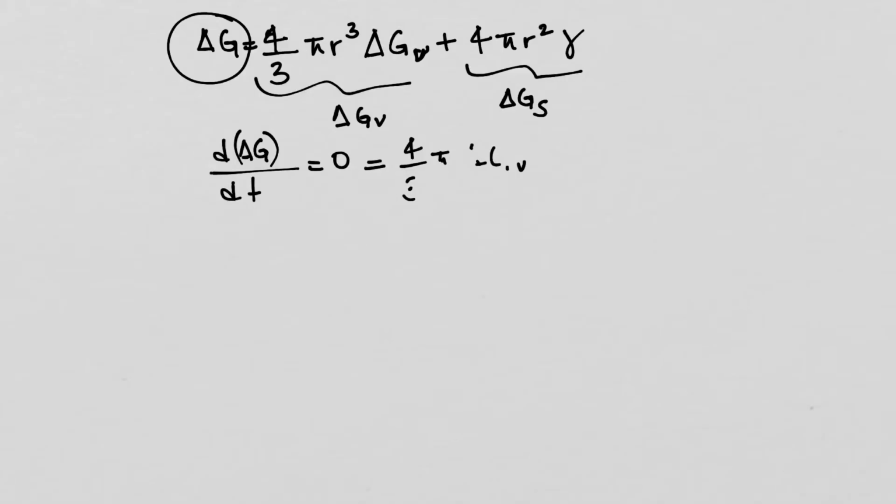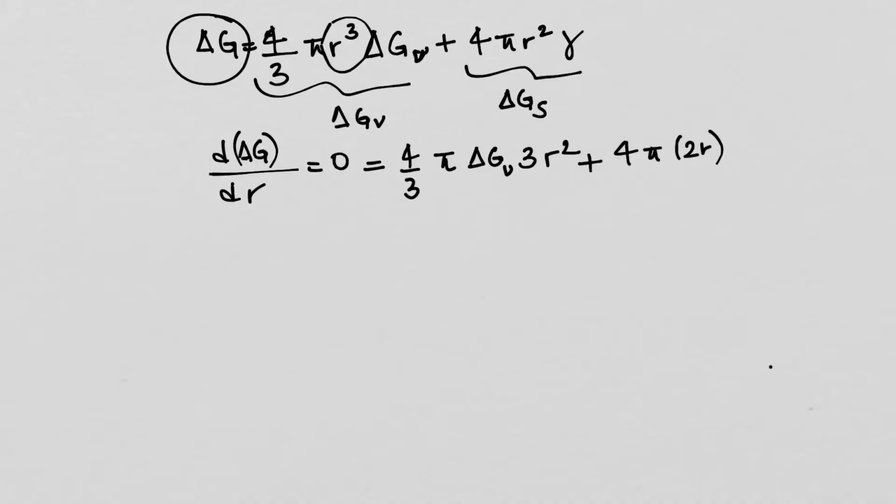Wait, you're going to take the derivative. So this is wrong. You need to take the derivative. The derivative of this is going to be 3 pi r squared. This is not t, of course. Then we take the derivative of this equation and continue with the second term, 4 pi r, no, 2r, which is equal to 0, we said.